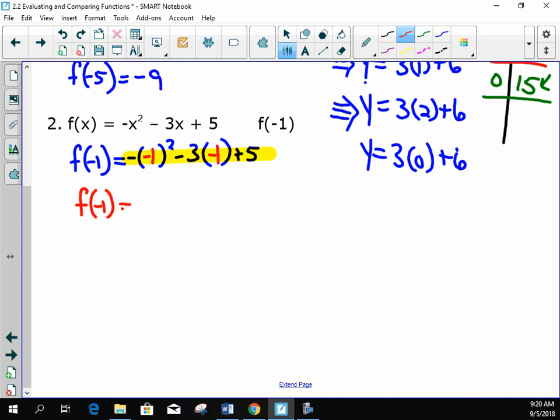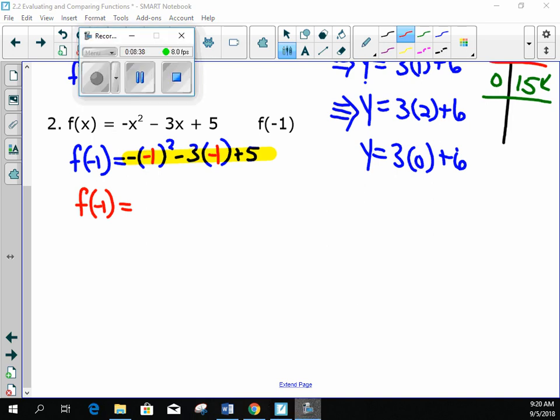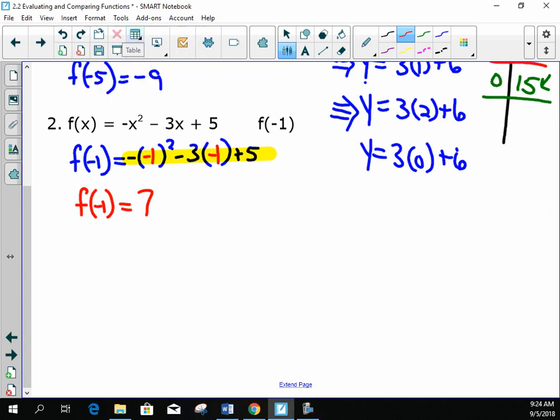F of negative 1 equals what, kids? Yes, we put it in the calculator, we find that f of negative 1 equals 7.